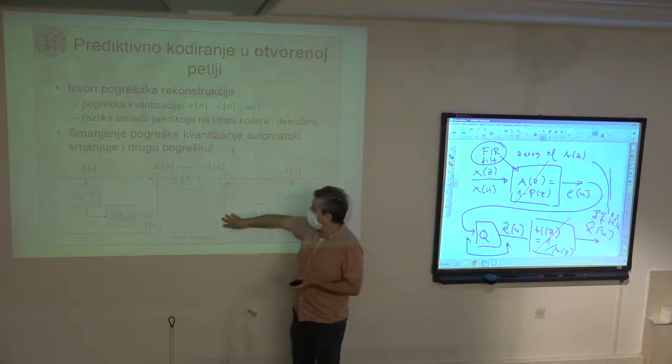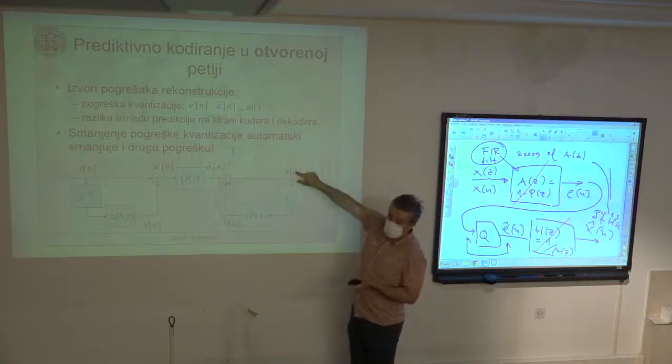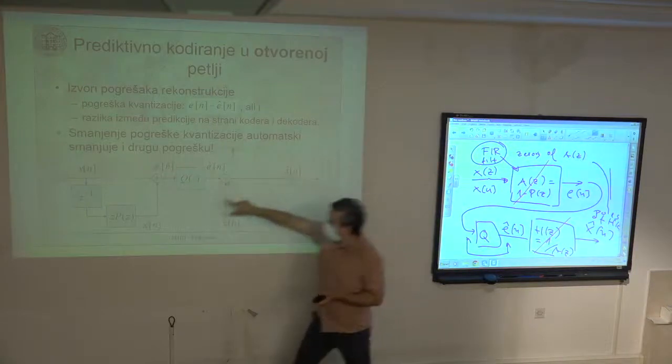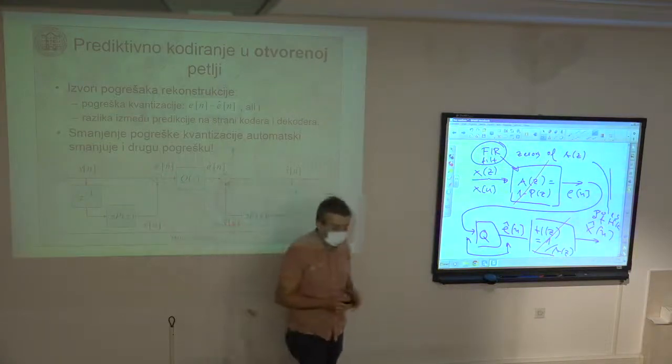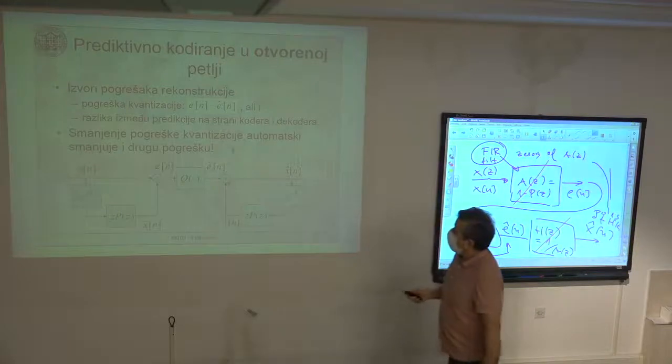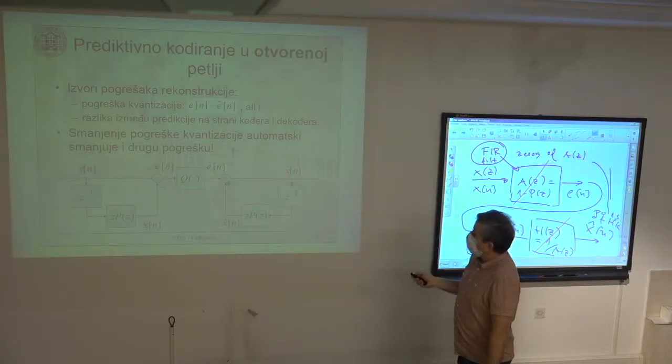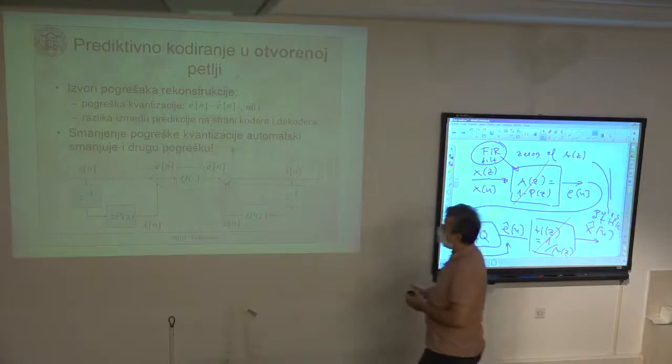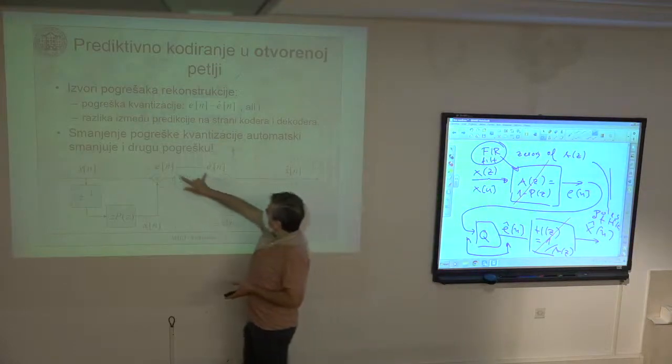Why not equal? Because the source of the prediction is not the same. Here it was x hat, and here it was x of n. So due to different source used for the prediction on the transmitting and on the receiving side, I have additional error. So this additional error is then combined with the quantization error.